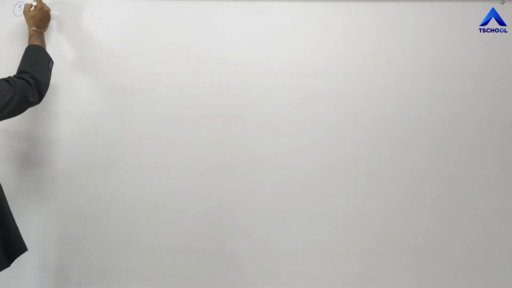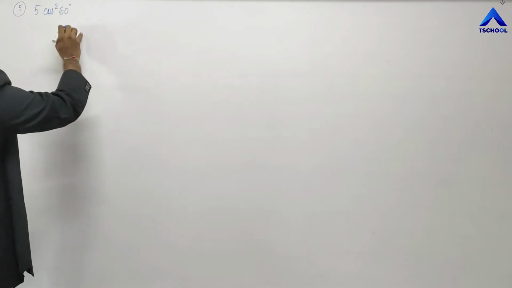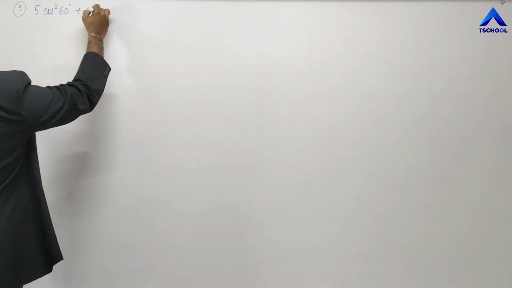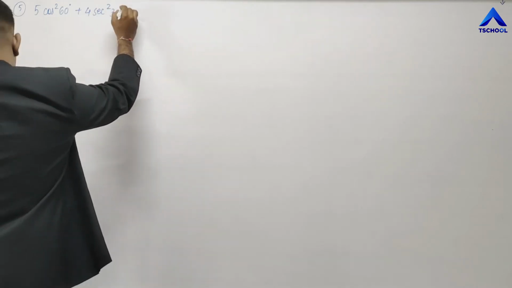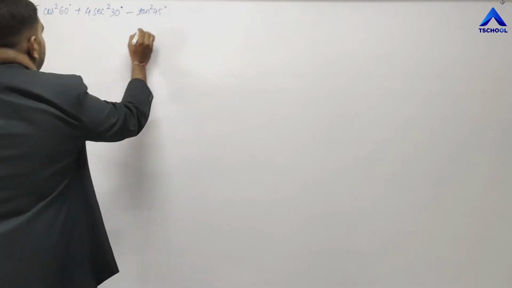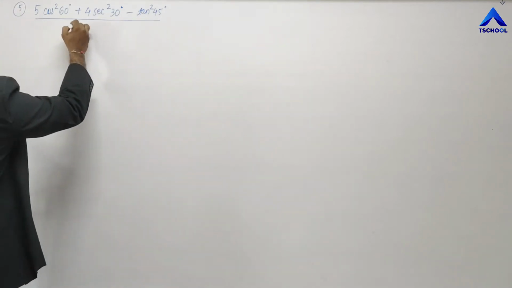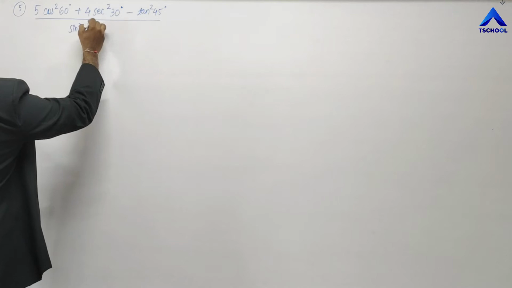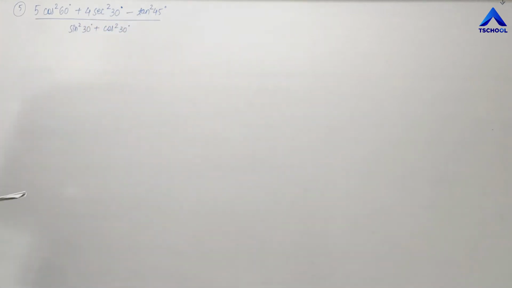The question is 5 cos square 60 degree plus 4 sec square 30 degree minus tan square 45 degree, whole divided by sin square 30 degree plus cos square 30 degree. You need to evaluate this question.